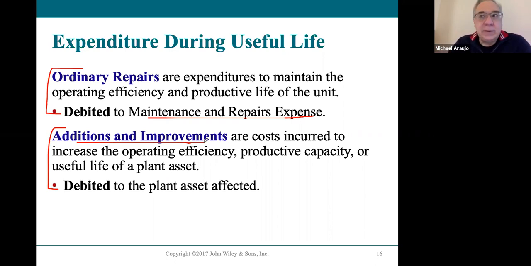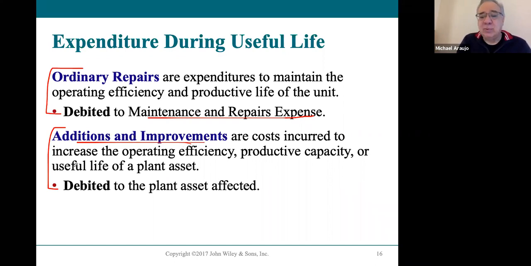And so now that the truck has a new engine, you can actually use it longer than you planned. You were planning on using it just for 5 more years. But now you got a new engine in the truck. Guess what? That truck can last another 8 years now. So that is called an addition and improvement.